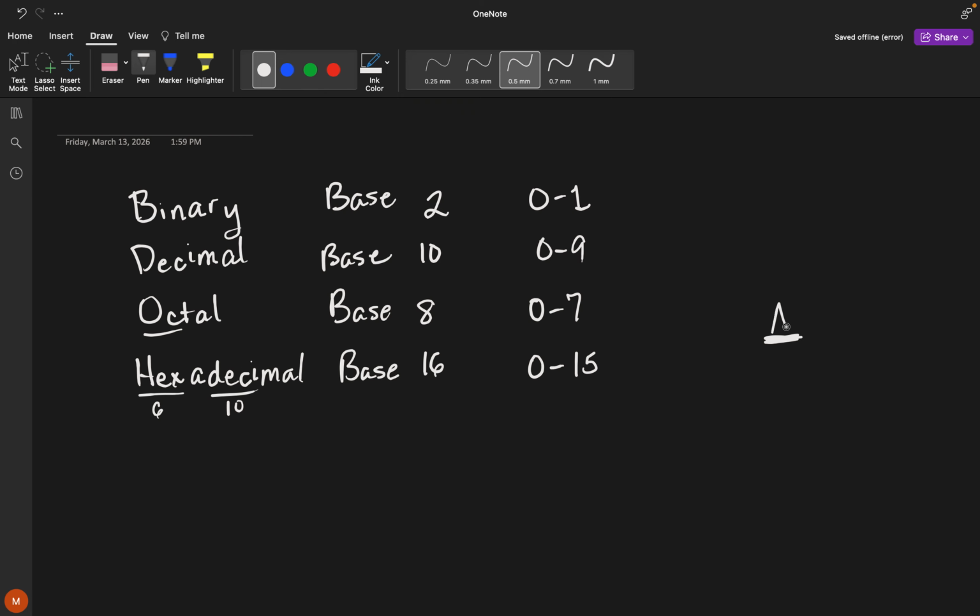So we can use A to mean 10, but in one digit. And B is 11, but in one digit. C, 12. D, 13. E, 14. F, 15. So in hexadecimal, we have the digits 0 through F, meaning 0 through 15.